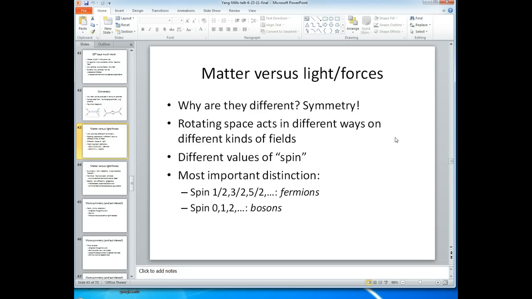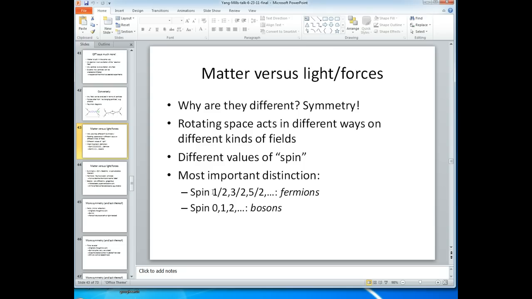There are actually various other ways that patterns can rotate in 3 dimensions, and they go by the name of spin. There's a number you can attach to that, and I'm not going to say any more about the details. It's called spin. The most important distinction is that it can either be an integer or a half integer.